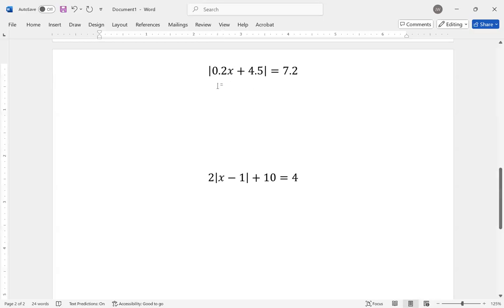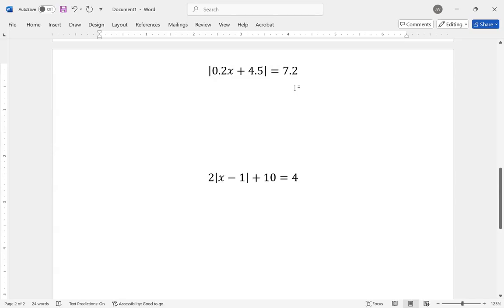So in this first equation, we already have the absolute value isolated on one side of the equation. We have absolute value of 0.2x plus 4.5, and then equaling 7.2 on the other side of the equation.